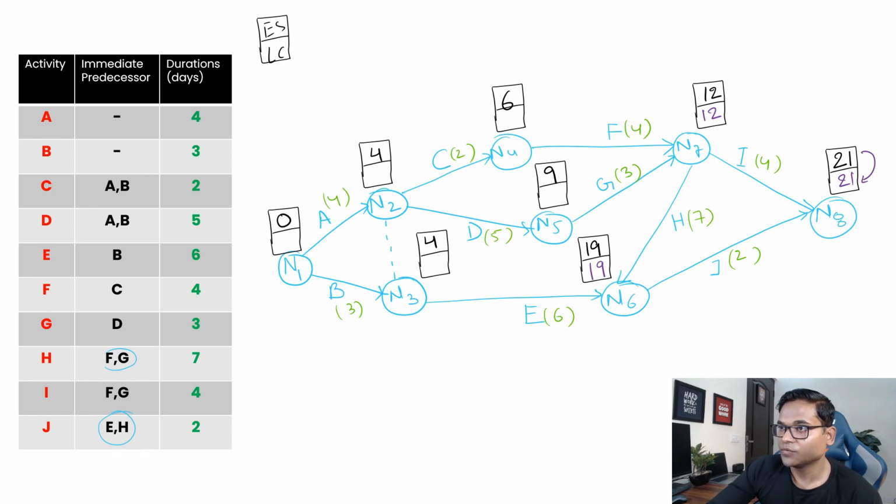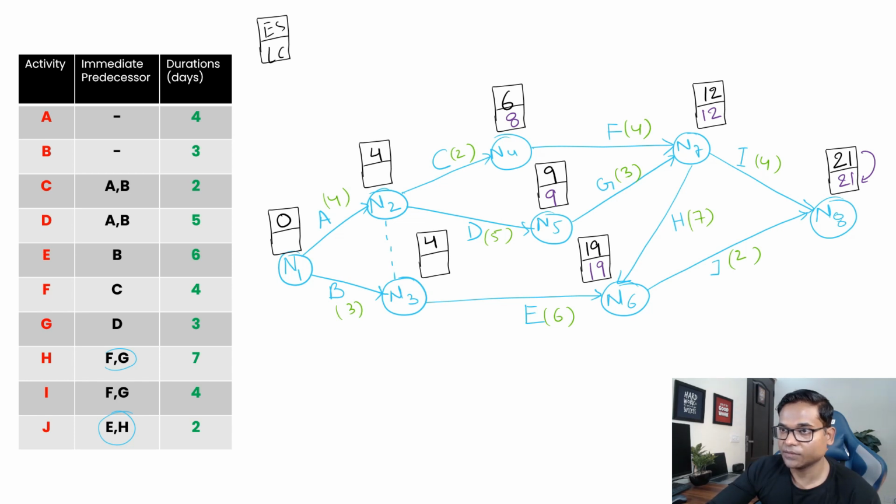Then again we move to 12 minus 4, which comes to 8. And here 12 minus 3 is 9. Then further, 19 minus 6 is 13.